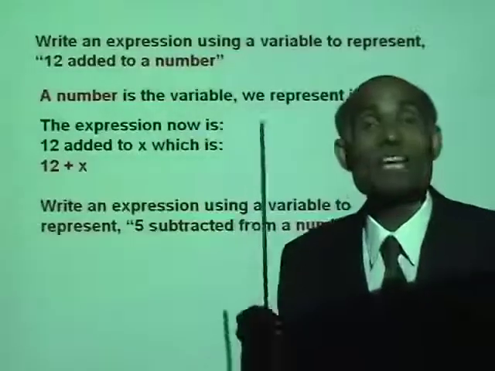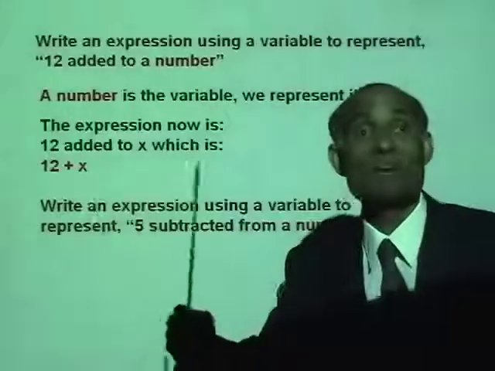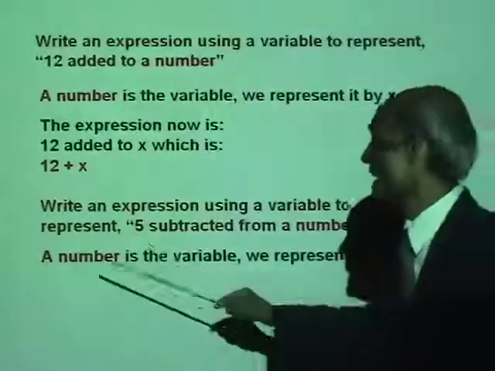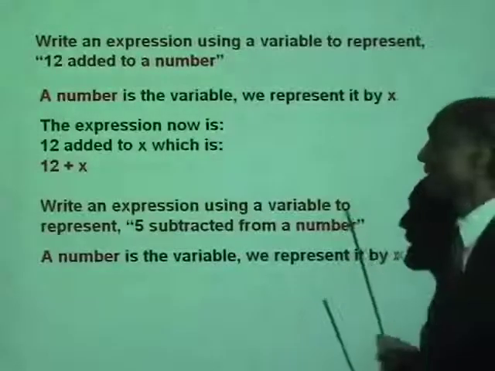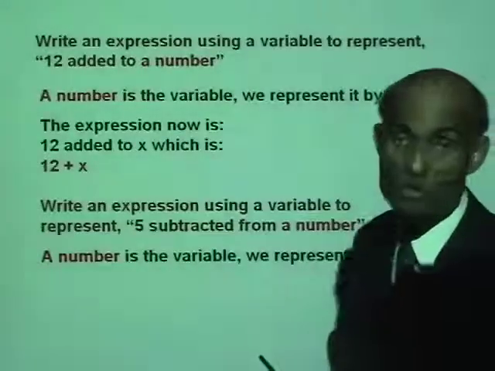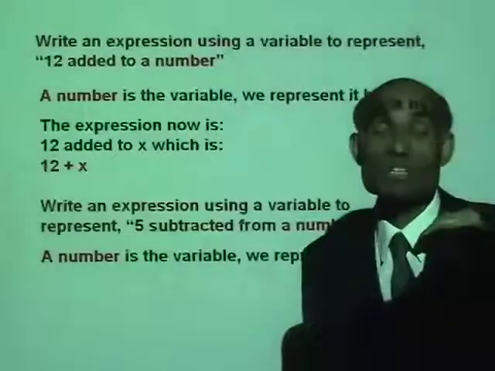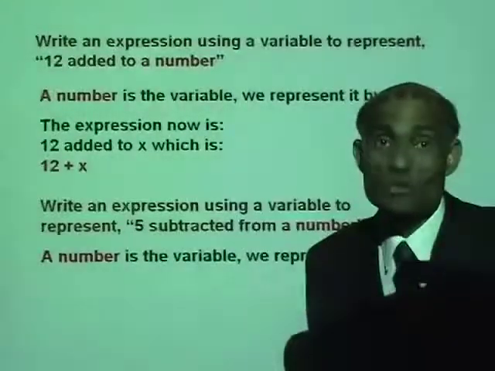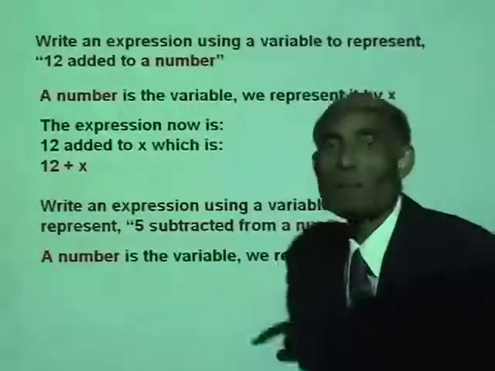A number is the variable. So call a number equal to x. We represent it by x. So the question now is, we need to write an expression that shows 5 is subtracted from x.